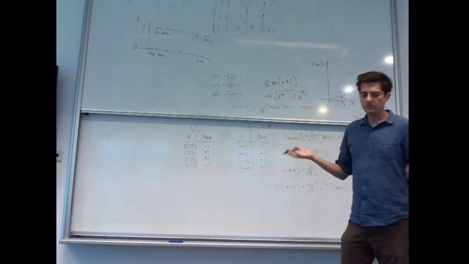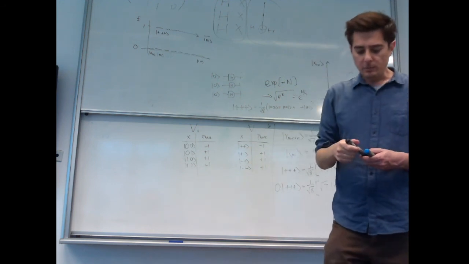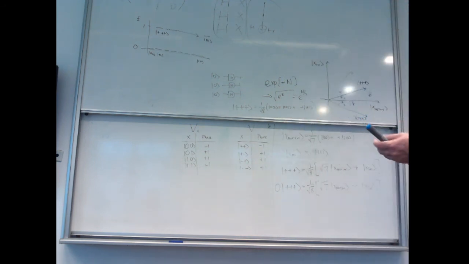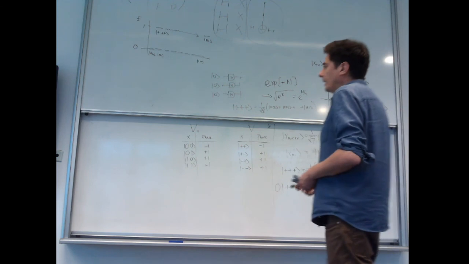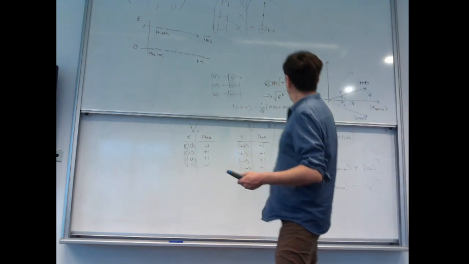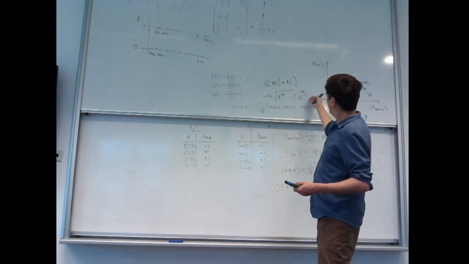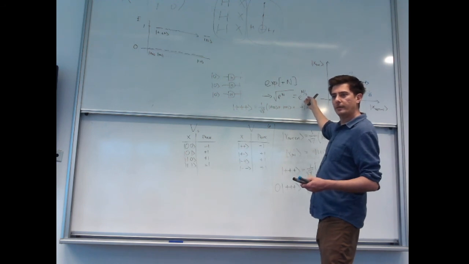But that's still exponential. So it doesn't really change the complexity of the algorithm. Of course that helps quite a lot because it makes it n over 2, not n.